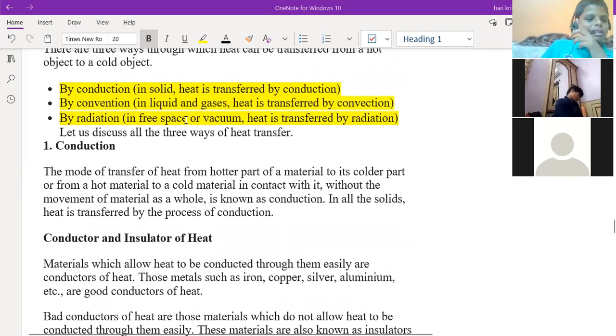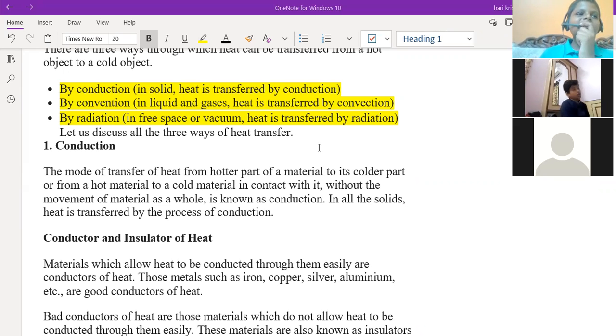Sir, because in every condition, these three are how heat transfers. Sir, in metals it's by conduction, we discussed it. Sir, in convection, if it's in water or air, the molecules are not compact, right? So the molecules move and carry the heat, sir.